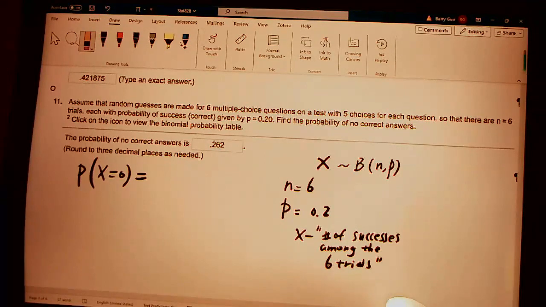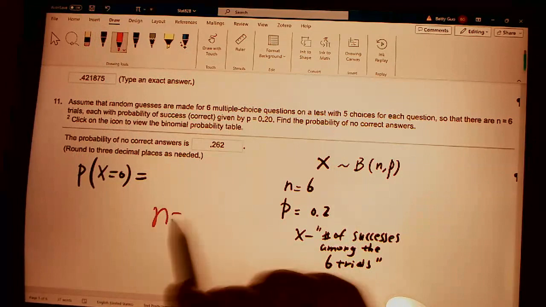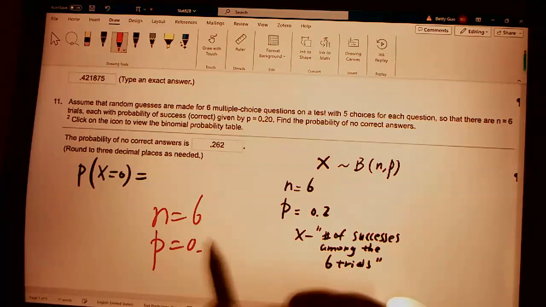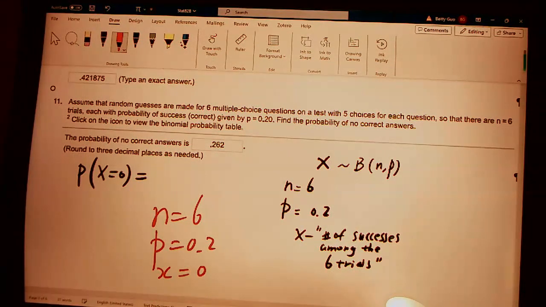When you work on the assignments in MATLAB Math, they will give you the binomial probability table that you can use. So let's record the 3 numbers: N equals 6, P equals 0.2, and X equals 0. With those 3 numbers, we are able to find the probability by looking at the table. Make sure you have the 3 numbers written down on a scratch paper, and then we're going to look at the table together.